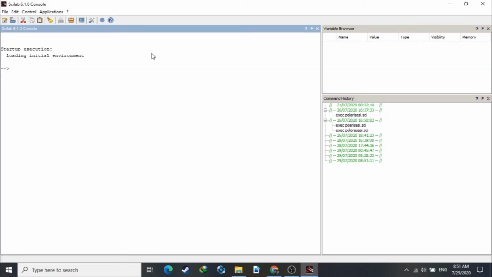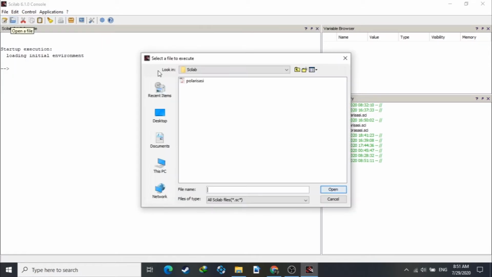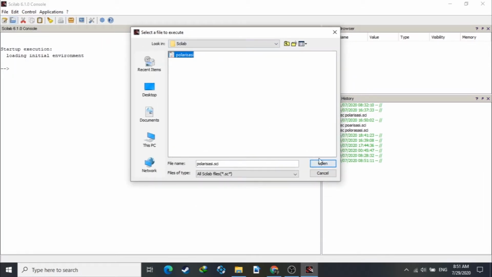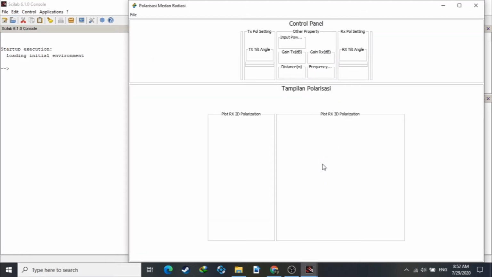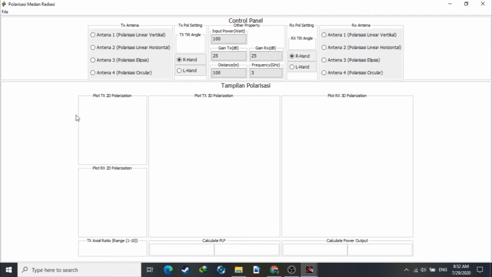So now we are going to do the hands-on in this first module, and we are using the Scilab application for this hands-on. Okay, so let's get straight to it. The first thing to do is open the directory to your file and open the polarization file, and after that there is a GUI in front of you.